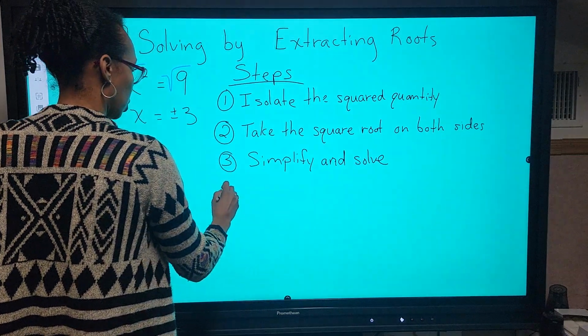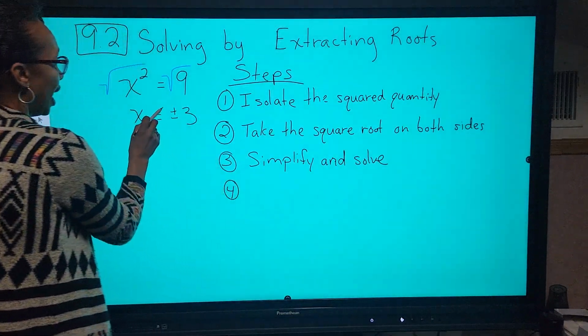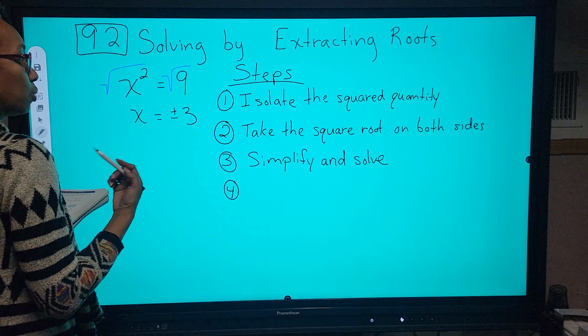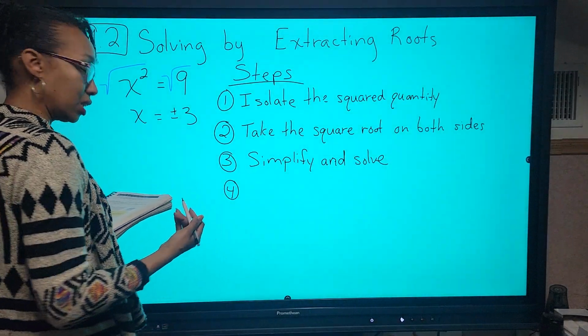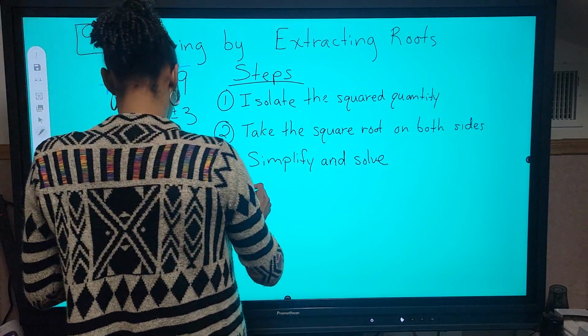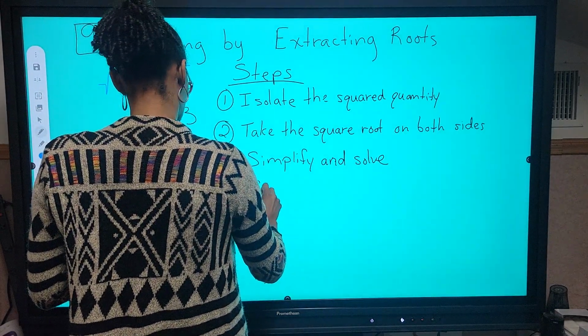And of course we learned before that having more than one answer doesn't mean that both of them will work. You do need to check to make sure you don't have an extraneous root. So you will then check each solution.